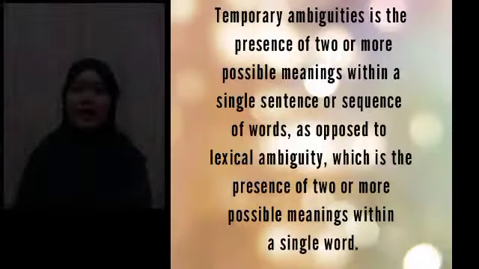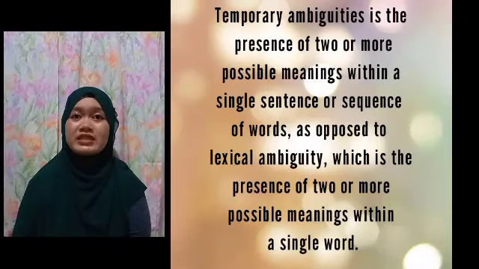Listeners actively build a structural representation of a sentence as they hear it. They must therefore decide for each incoming word what its grammatical category is and how it fits into the structure that is being built. Often, sentences present temporary ambiguities.